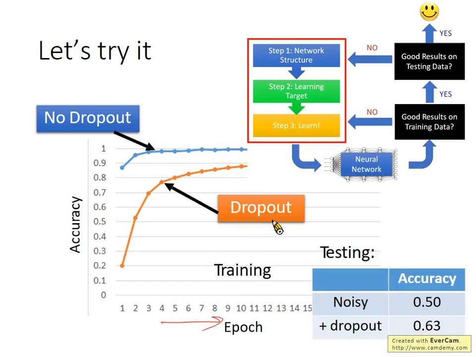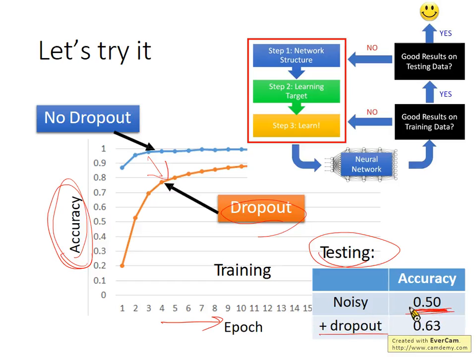If you apply dropout, the training accuracy will decrease. If we don't use dropout, the training accuracy will be higher. However, for testing accuracy, if we don't use dropout, it may be 50%. If we use dropout, the testing accuracy may increase to 60%.